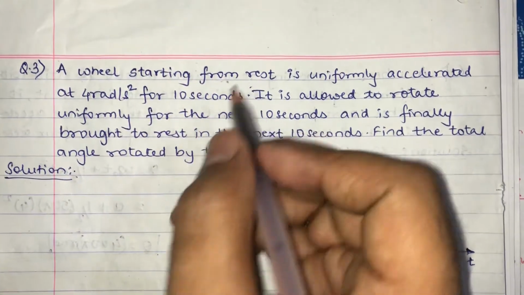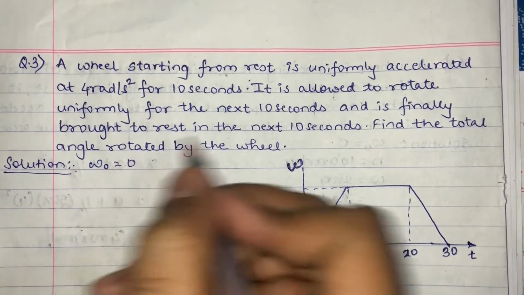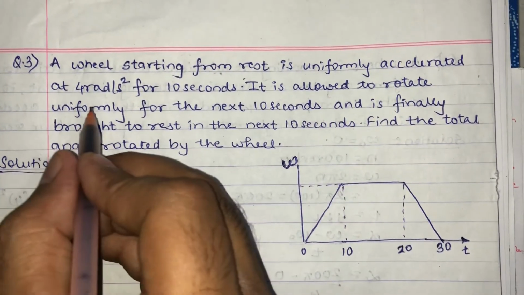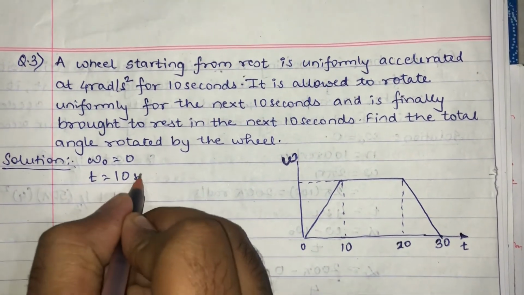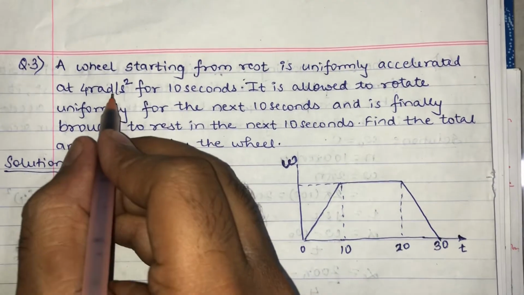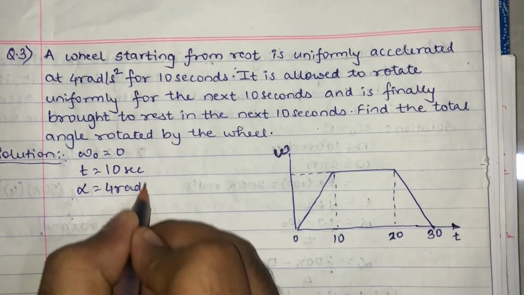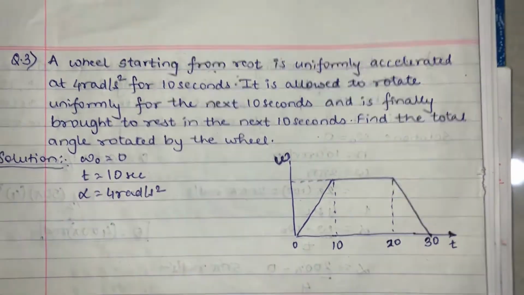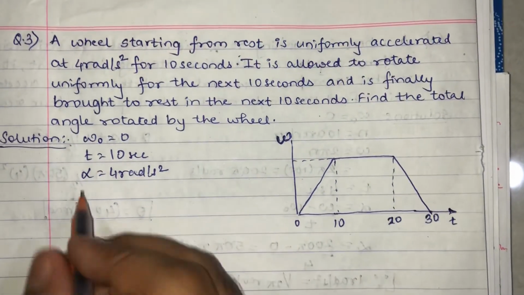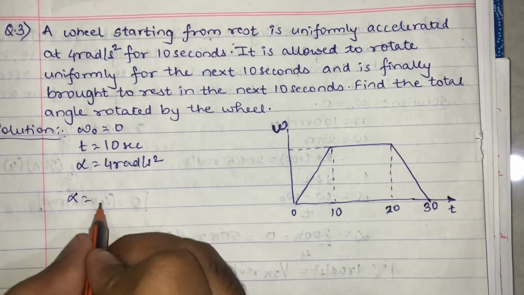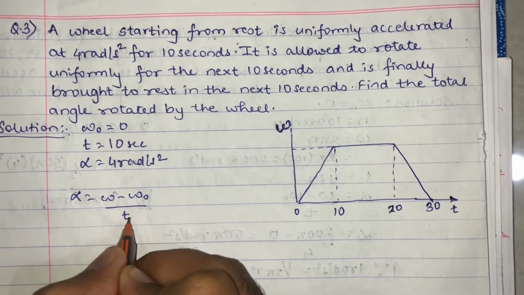A wheel starting from rest, so omega naught is 0. It is uniformly accelerated, the time is 10 seconds, and alpha is 4 radian per second square. So what will be the value of omega? For that, alpha is equal to omega minus omega naught upon t.